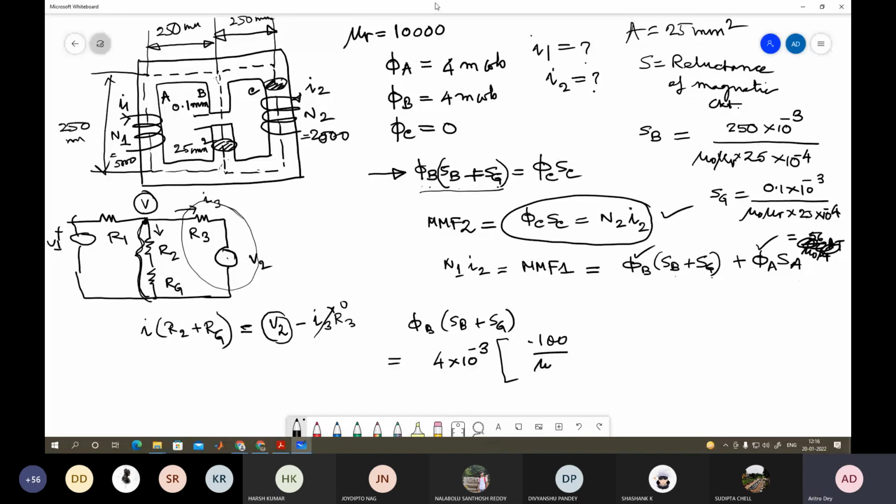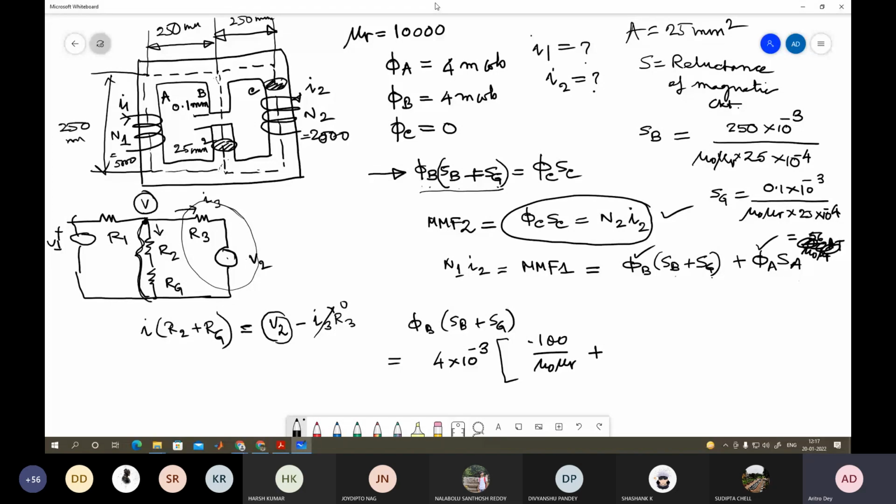Because it is 10 to the power minus 2, and then 25 will cancel out, so 100 by mu 0 mu r, and then here it will be something like 1 by 25 into mu r will be 1 here.